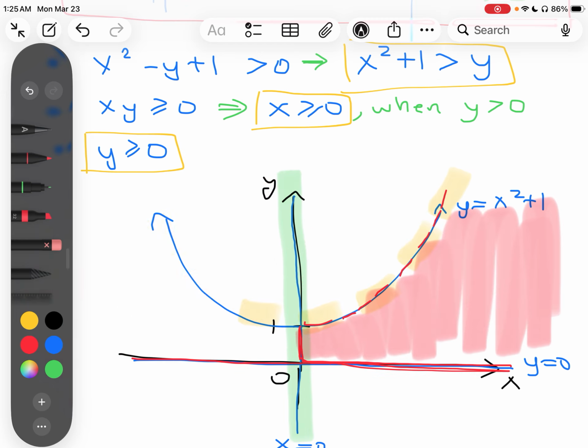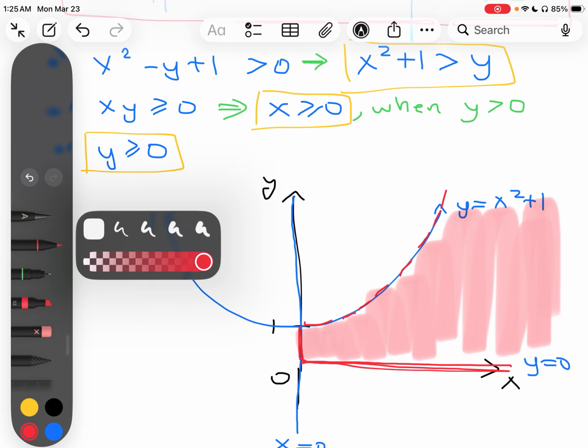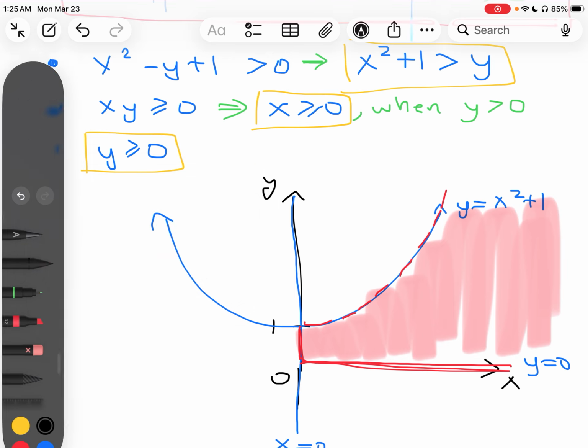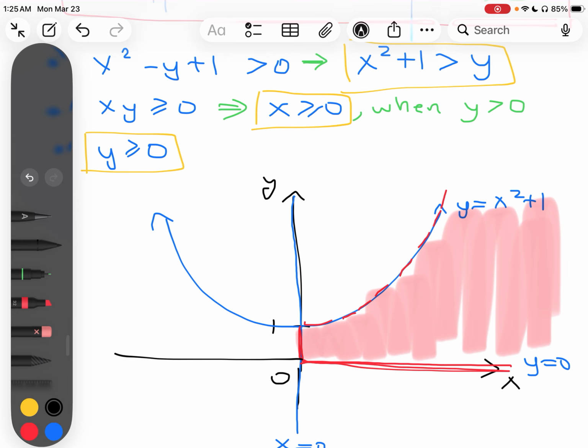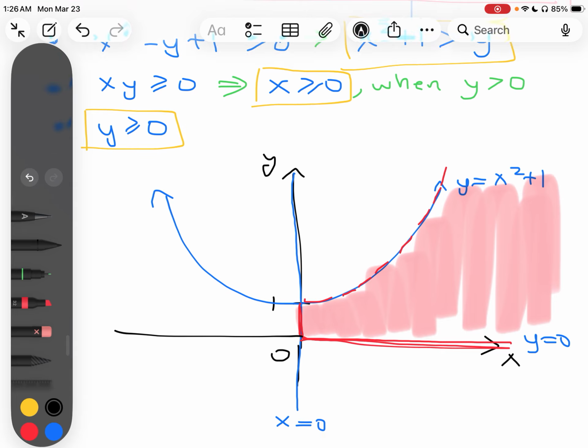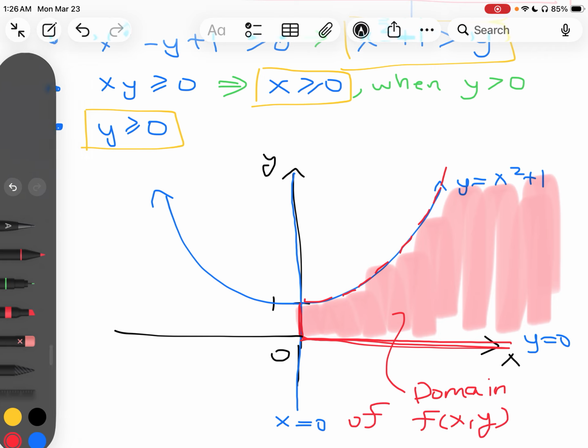But pretty much that's what it looks like. And this is the domain of the function, domain of f of x.